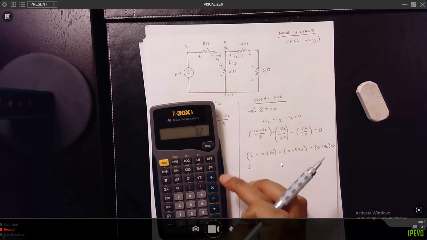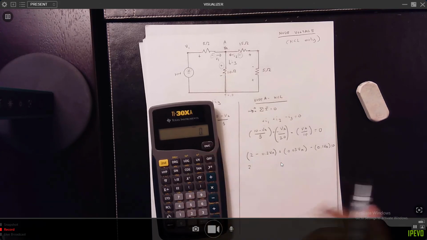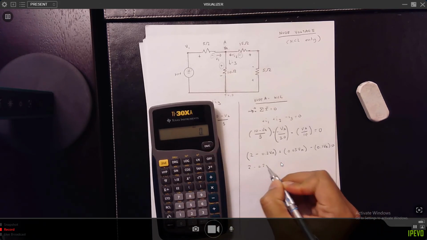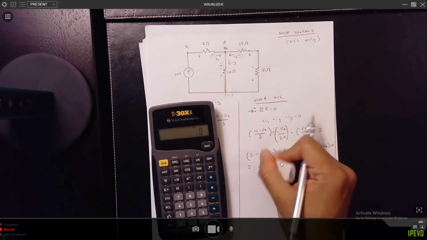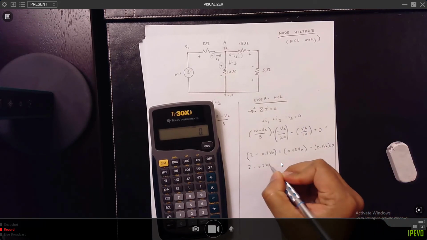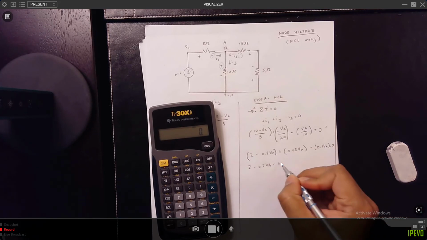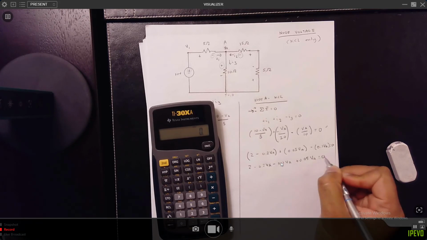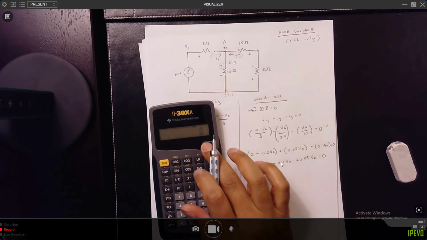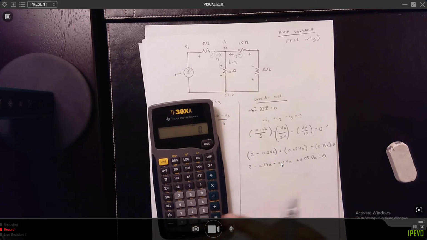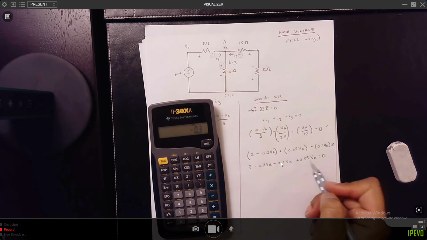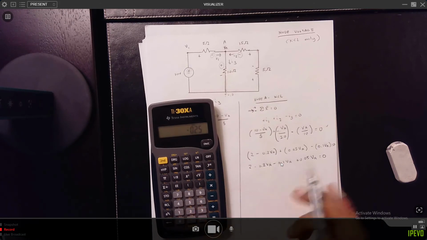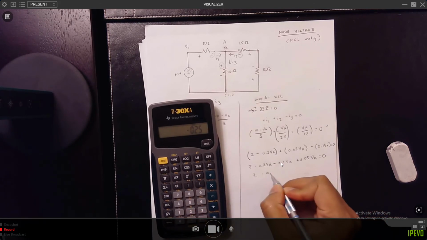So let's do this. 0.2 VA minus 0.1 VA plus 0.05 VA is equal to 0. So 0.2 minus 0.1 is minus 0.3 plus 0.05, 0.25. So that's 2 minus 0.25 VA equals 0.